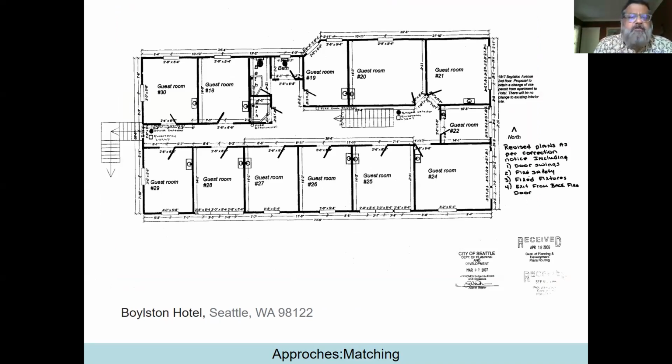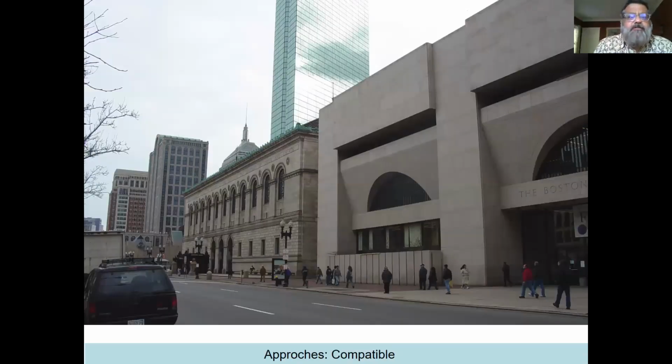So this is called matching: same style, same aesthetic, same users, right? So one is matching. The other is what you can call compatible. You're not quite matching, but you're trying to create a compatible addition or adaptive reuse.